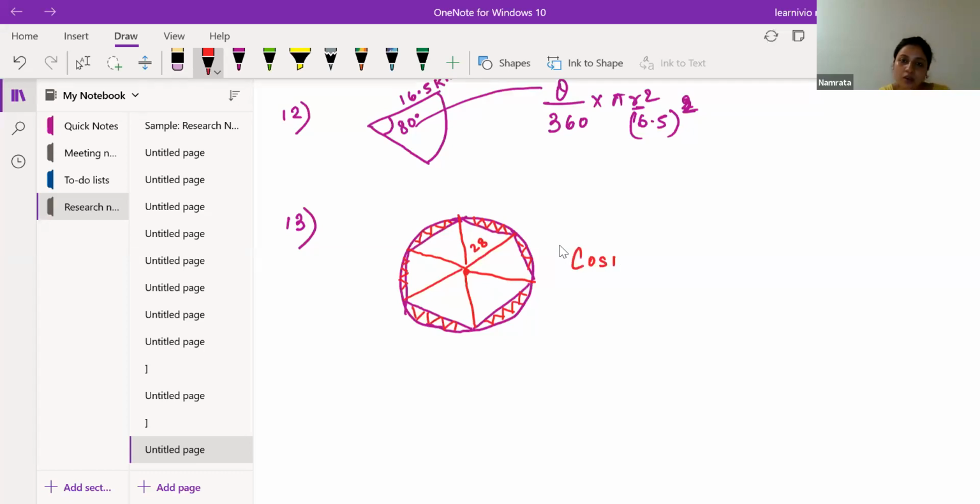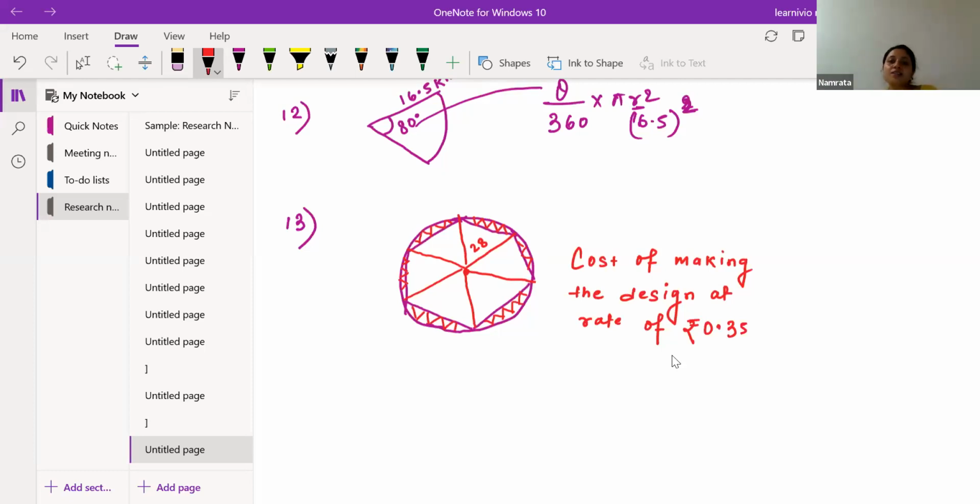Cost of making the design at the rate of rupees 0.35 per meter square.